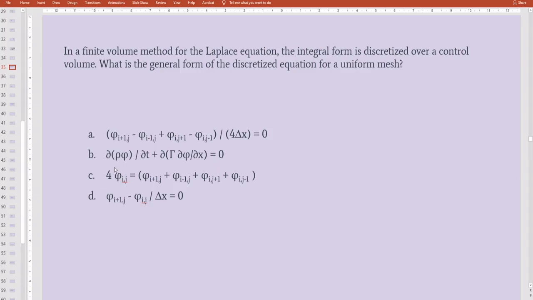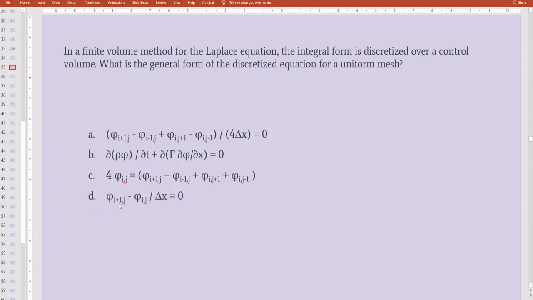Option C: 4 into phi of i j is equal to phi of i plus 1 comma j plus phi of i minus 1 comma j plus phi of i j plus 1 plus phi of i j minus 1.